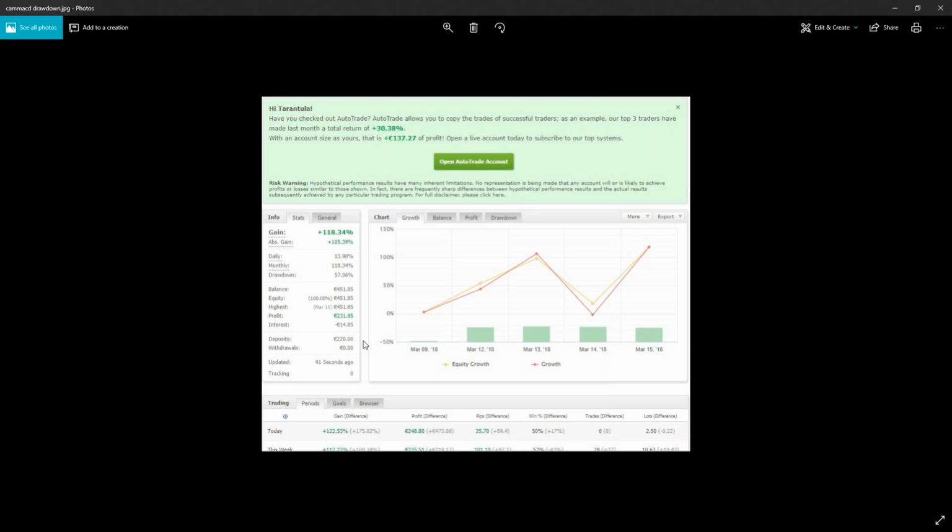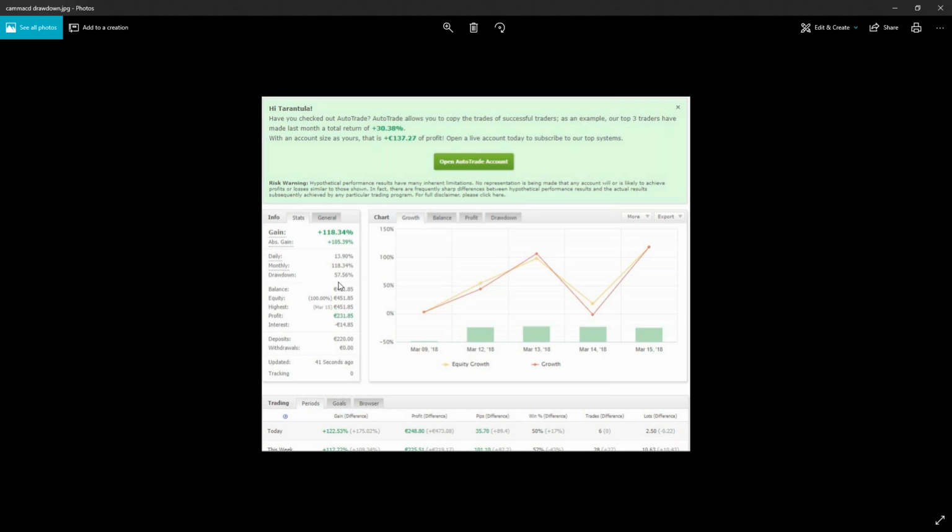And you see here the highest drawdown on this account. This is a small account, but my aim is to make 5,000 out of the 200 euros. If I manage to do it, of course, I will publicly announce it. Still, you see it's like 118, an absolute gain of 100.5% in, let's say, a week of trading.